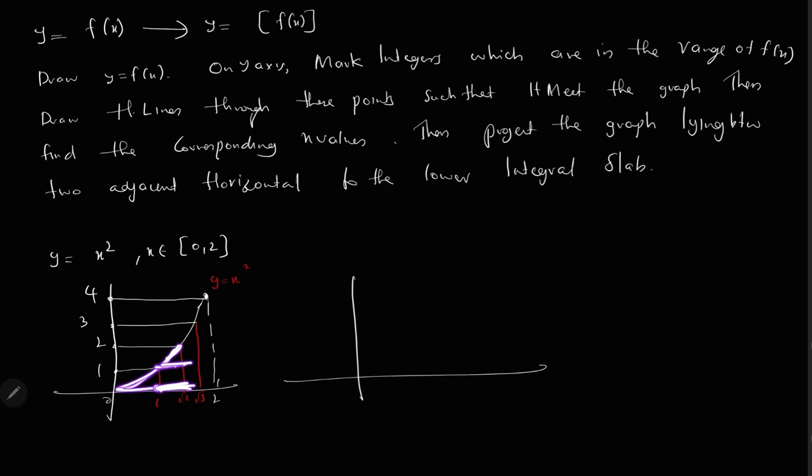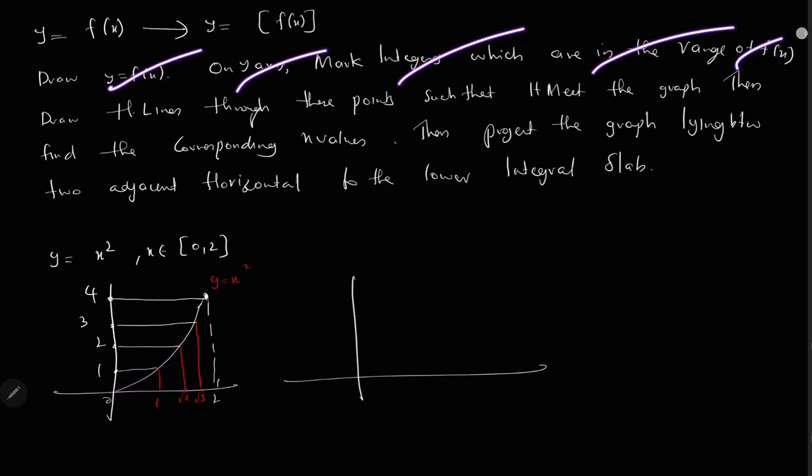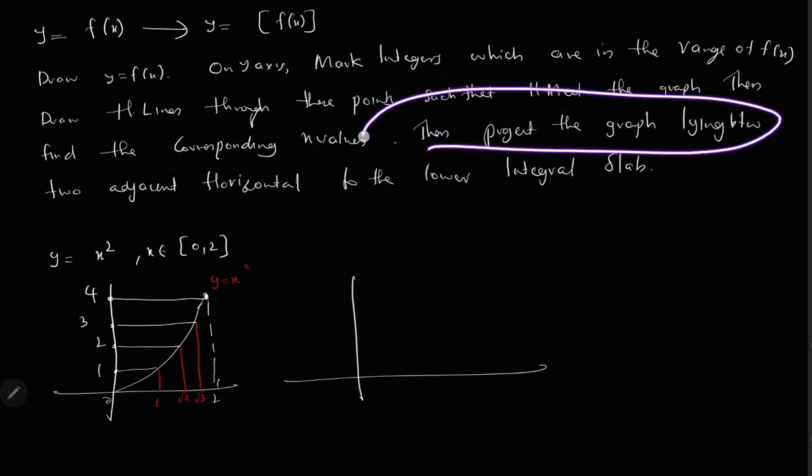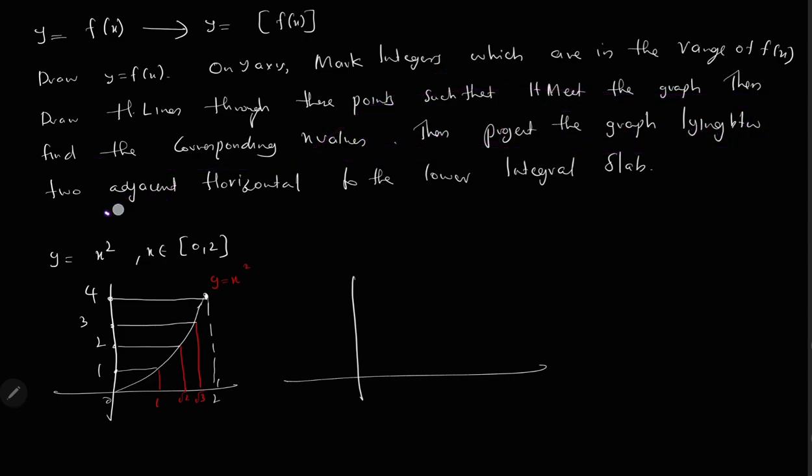Draw y equal to f of x, done. On the y-axis, mark integers which are in the range of f of x, done. Draw horizontal lines through these points such that they meet the graph, done. Then find the corresponding x value, done. Project the graph lying between two adjacent horizontal lines to the lower integral slab.